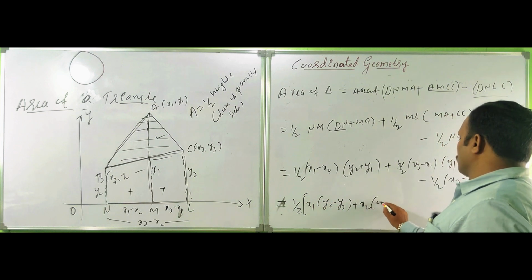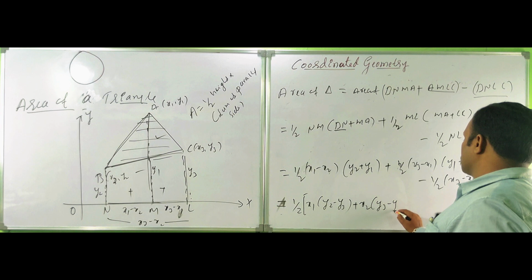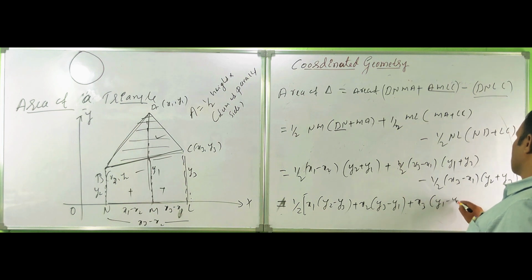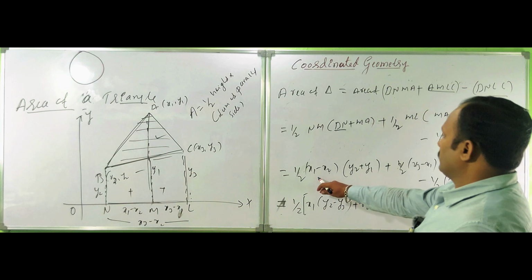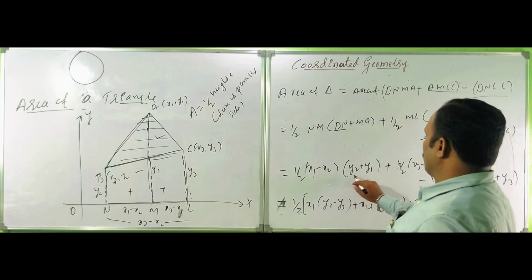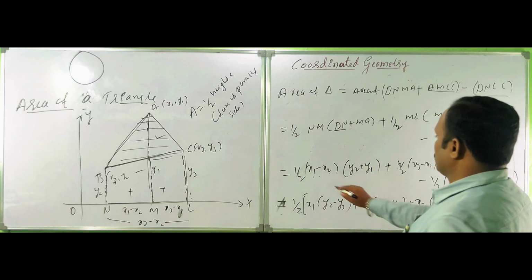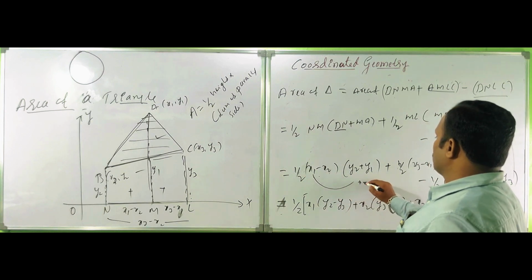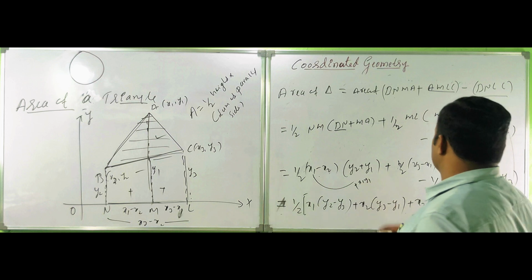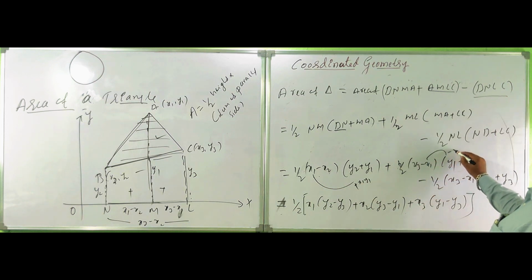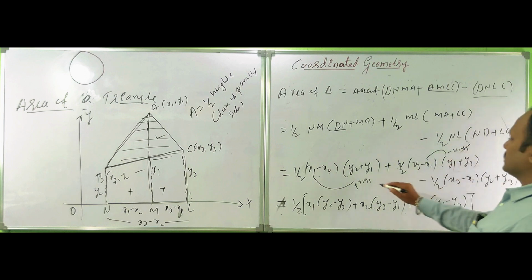Here we will get x1 y1 with a plus and x1 y1 with a minus, so this gets cancelled.